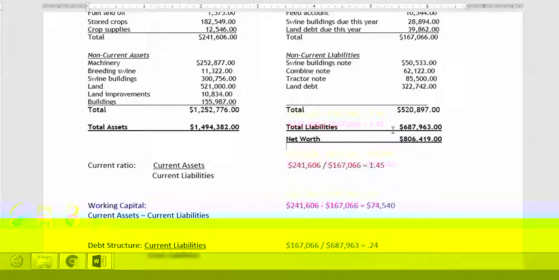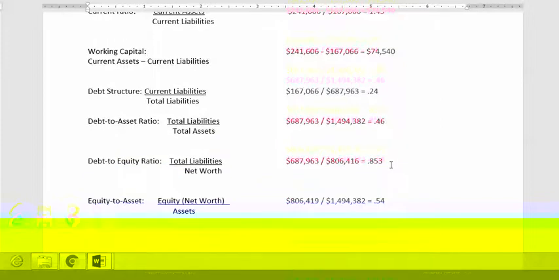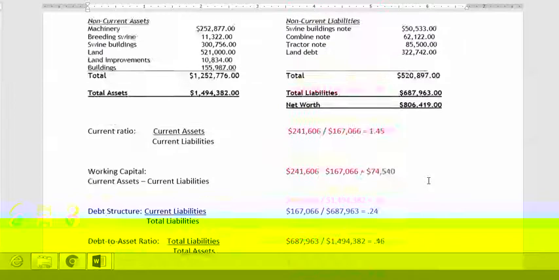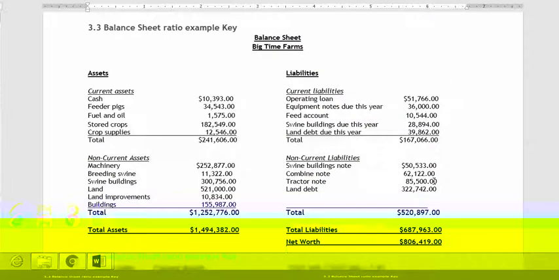And it would be more highly leveraged. Leverage meaning more debt relative to total assets. So that's why we use these ratios. We use them to compare farms on an even basis, even though a lot of farms are different sizes and different amount of assets, debt, etc.